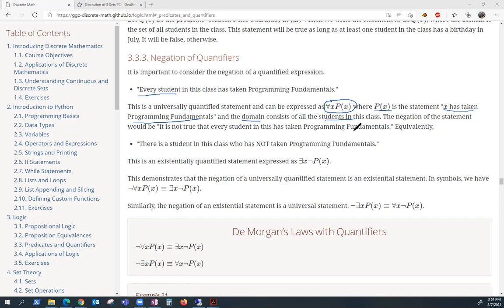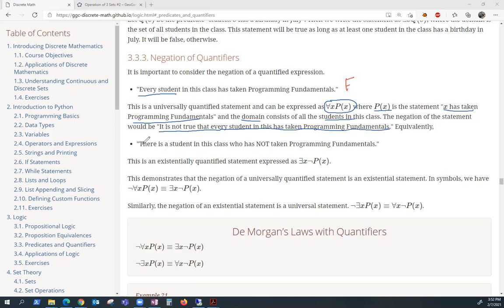This isn't true, right? Many students in this class have taken programming fundamentals, but not all of them have. So this is a false proposition, a false universally quantified predicate. That means that if we look at this proposition, this is true: it is not true that every student in this class has taken programming fundamentals.